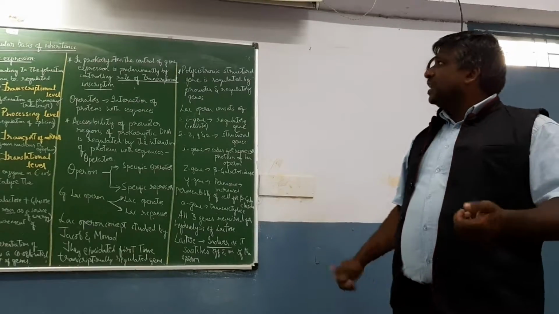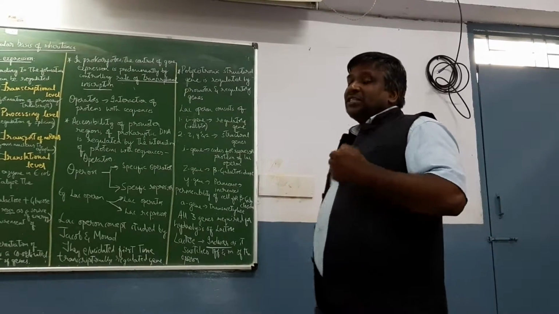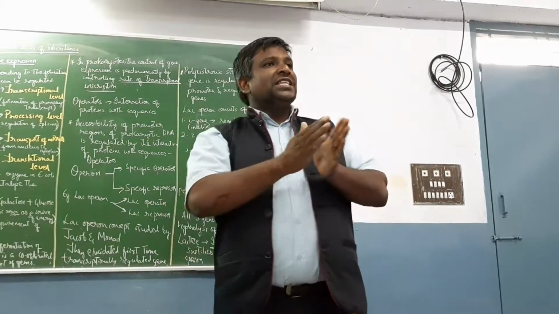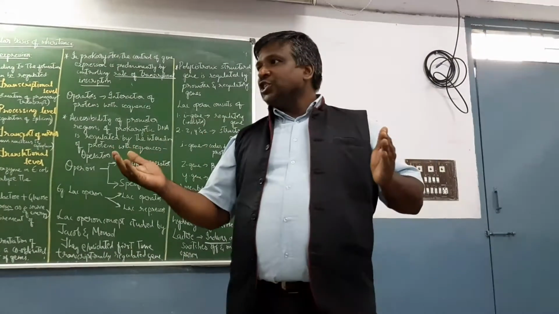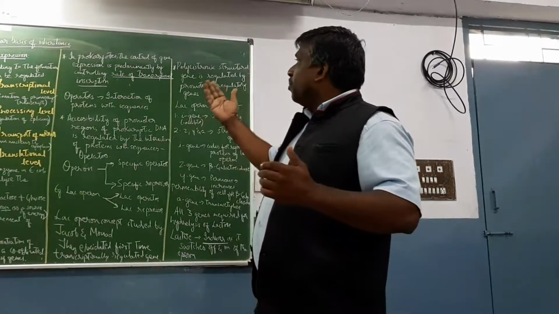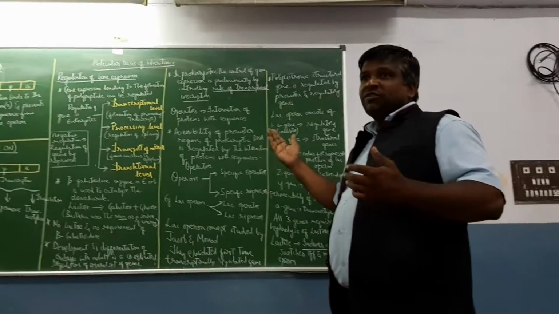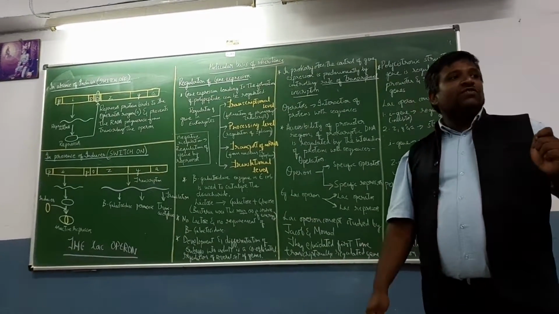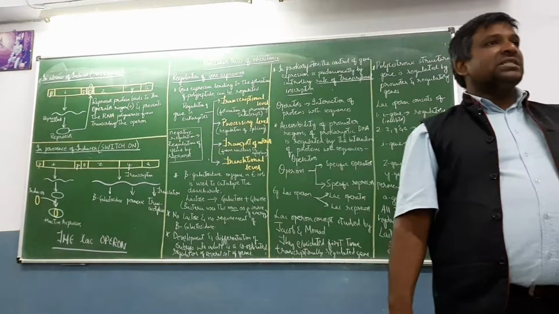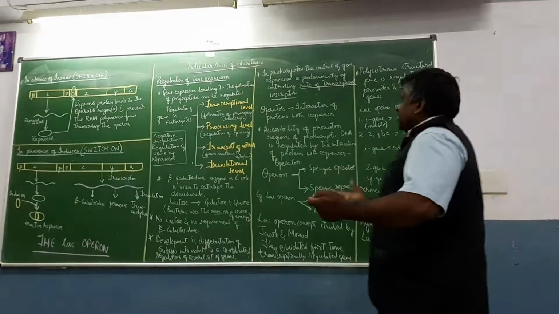So when you look into the regulation of gene expression, it leads to the synthesis of a polypeptide, isn't it? In the translation process, there is a synthesis of polypeptide or protein, functional protein, that can be regulated. Now, regulation of genes in prokaryotes involves only one major step.